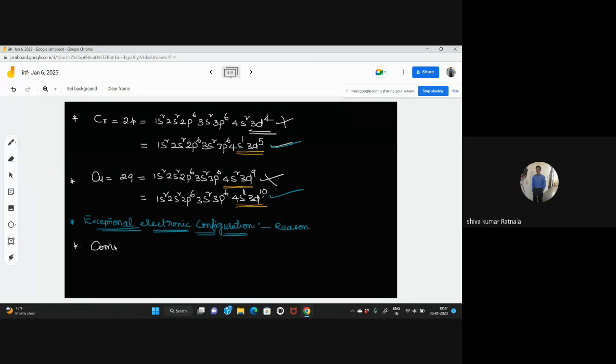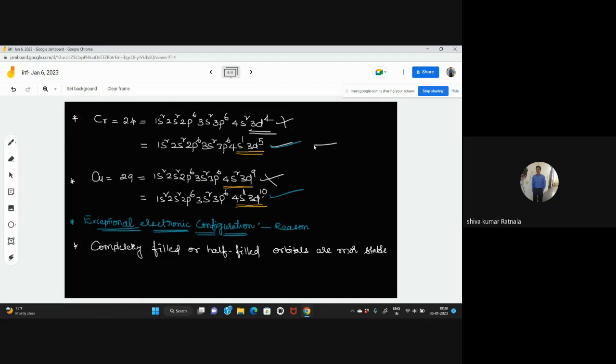Not only d, you can write completely filled or half filled orbitals are more stable.